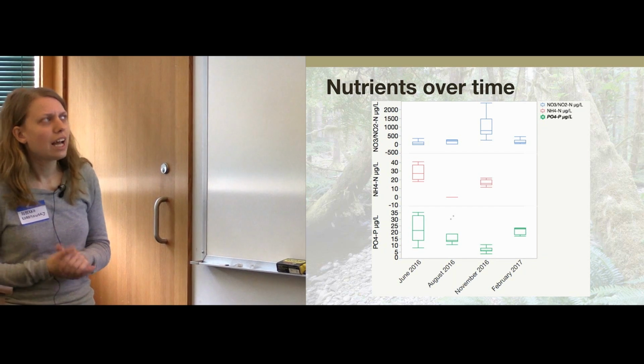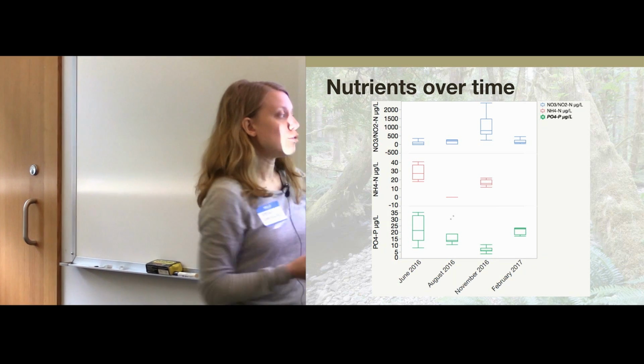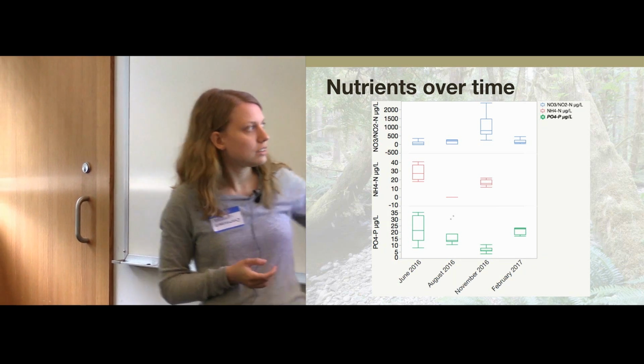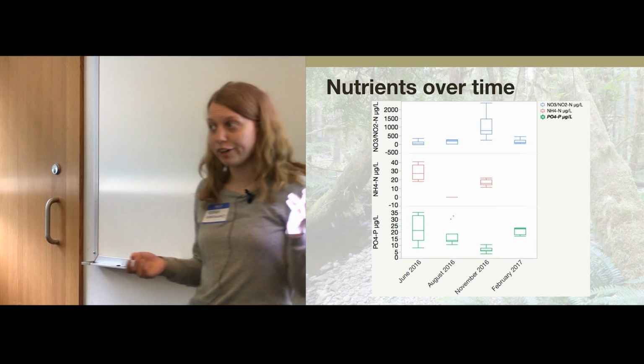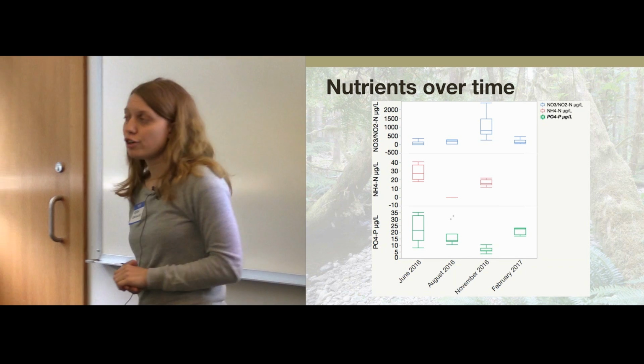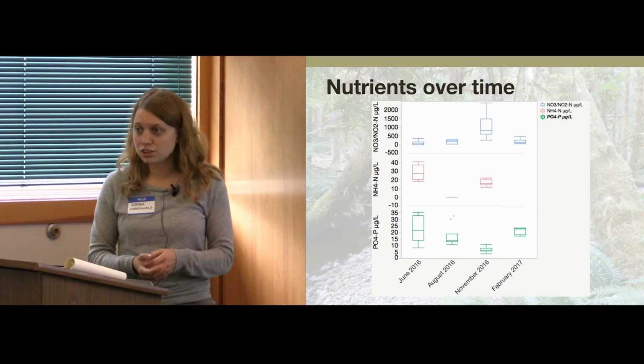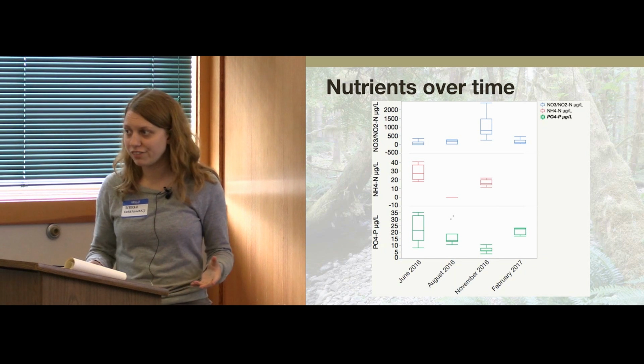And phosphate has an inverse trend with discharge. And so you can see it's higher and more variable when there's less water around. In November, with those high flows, we're seeing dilution. So rainwater doesn't have a lot of phosphate in it.